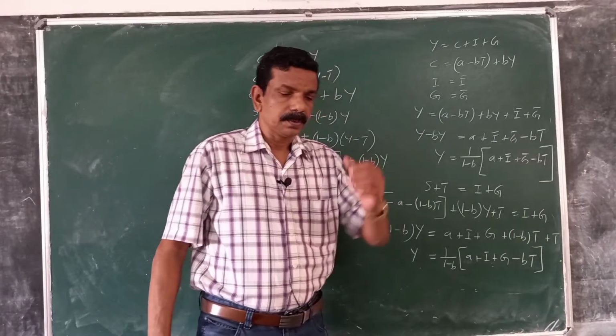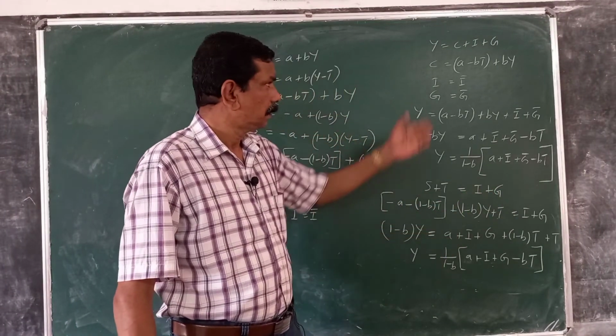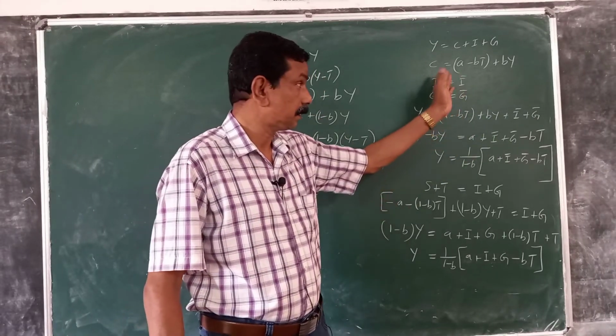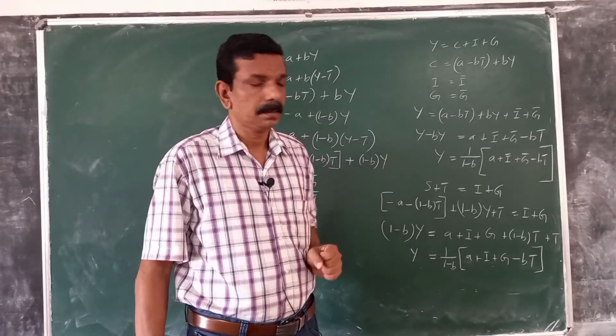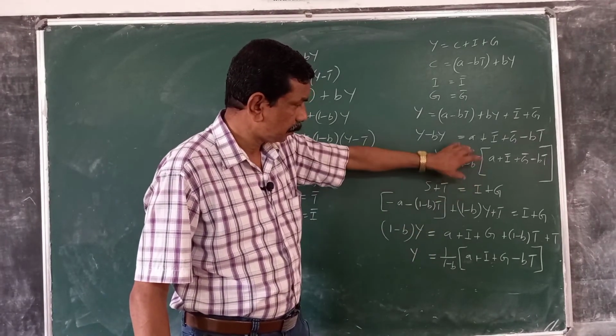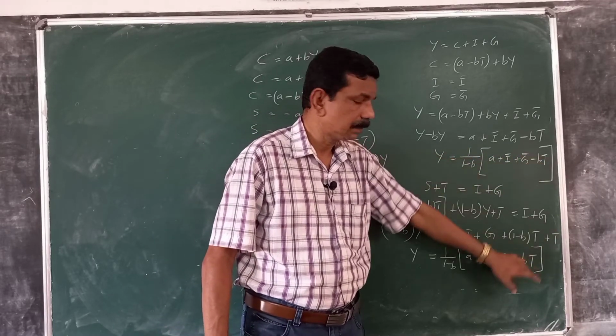So whether you use the saving-investment equality or Y is equal to C plus I plus G, you will get the same equilibrium: Y is equal to 1 by 1 minus B into A plus I plus G minus BT.